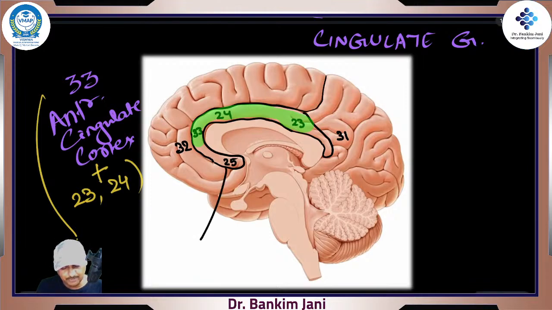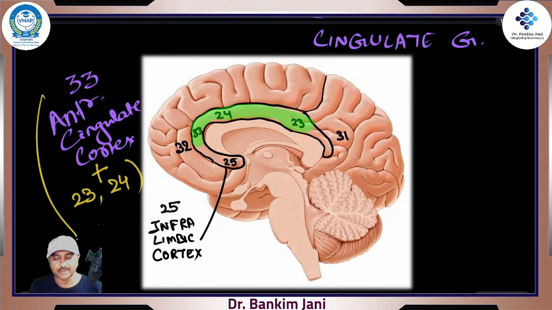This area 25 is called the infralimbic cortex, because this is basically the limbic system, so it is just underneath. This automatically tells us that the cingulate gyrus is associated with the limbic lobe or the limbic system. So this is the infralimbic cortex. It means this area will be going underneath.